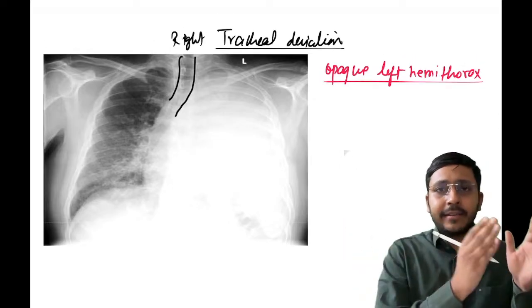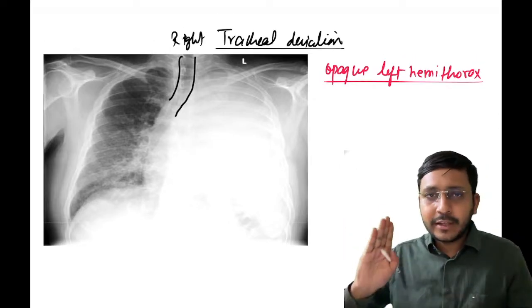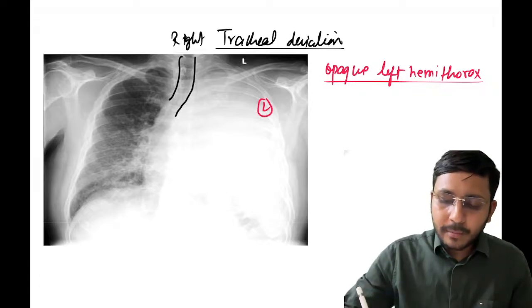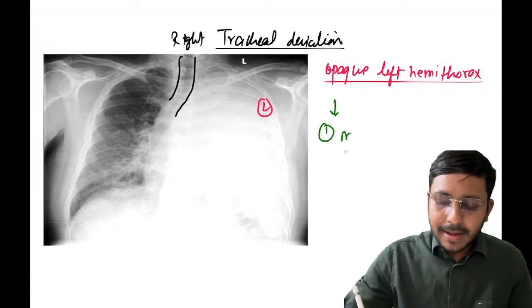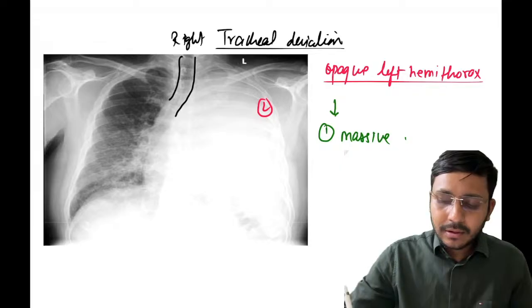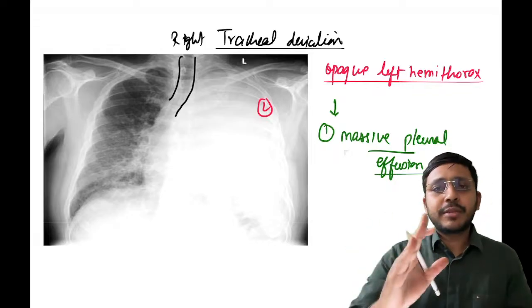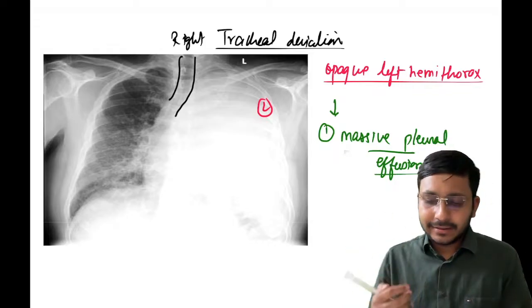There is right tracheal deviation and opaque left hemithorax. So something is pushing the trachea from the left hand side. Most common cause is a massive pleural effusion, which pushes the trachea to the right hand side.